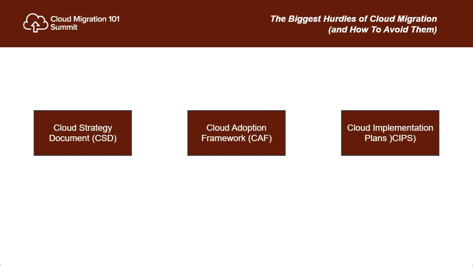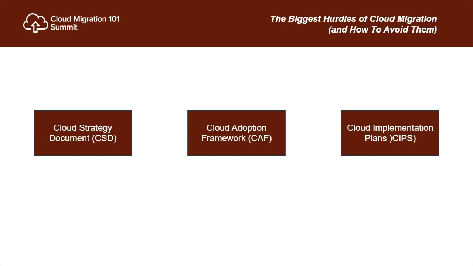Now, why do I talk about all of these three things? Winston Churchill once said, if you fail to plan, then you're planning to fail. The more that we plan, the more we reduce the hurdles of failing. The more we have these cloud implementation plans, the more transparency we're going to have during the migration, the more we reduce the risk of the unknowns because we're doing our homework.